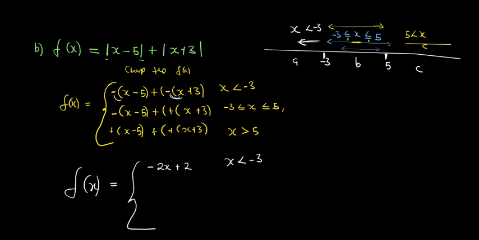You multiply, that will be negative x, then plus 5, then these are just positive, so x plus 3. So 5 plus 3 will be 8, so it will be negative x, plus 8. You are done.